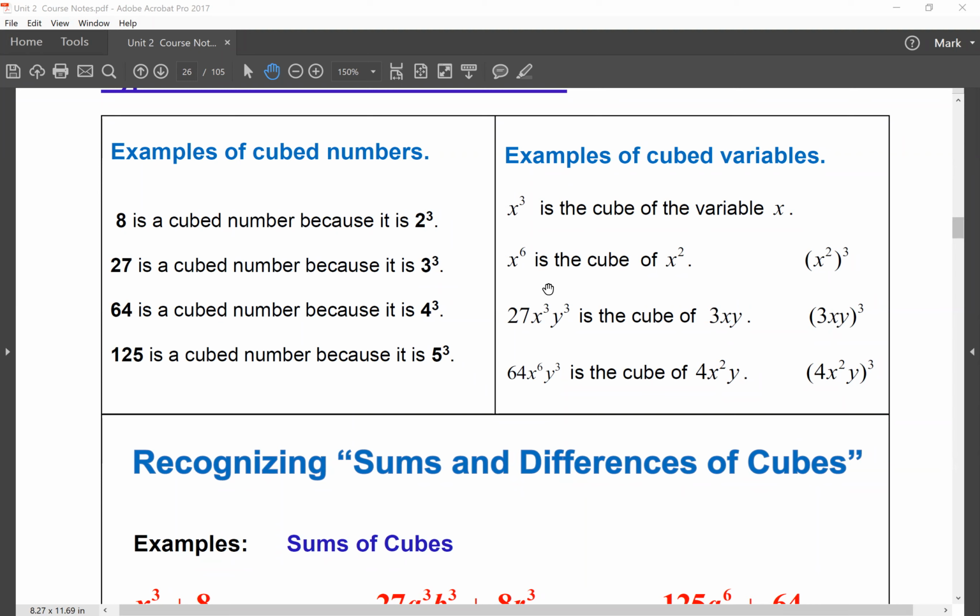So 8 would be a cubed number because 2 times 2 times 2, and you can try that on your calculators or on your phones, is a perfect cube. 3 times 3 times 3 would be 27.